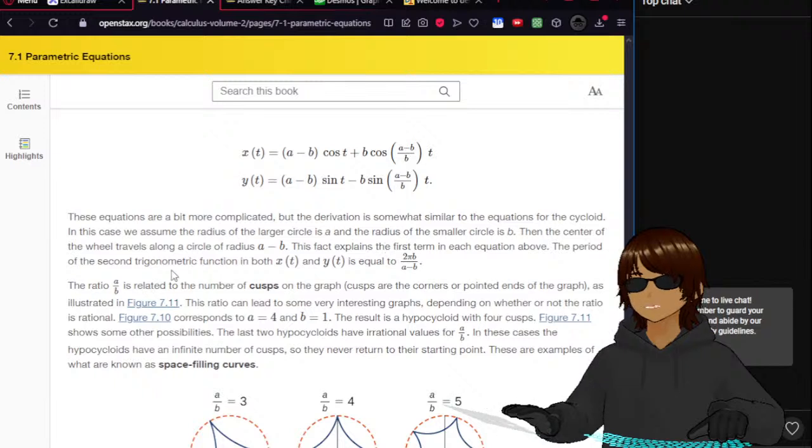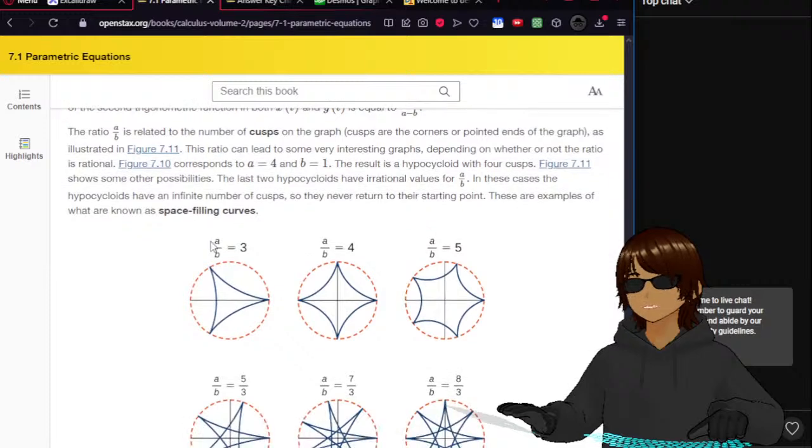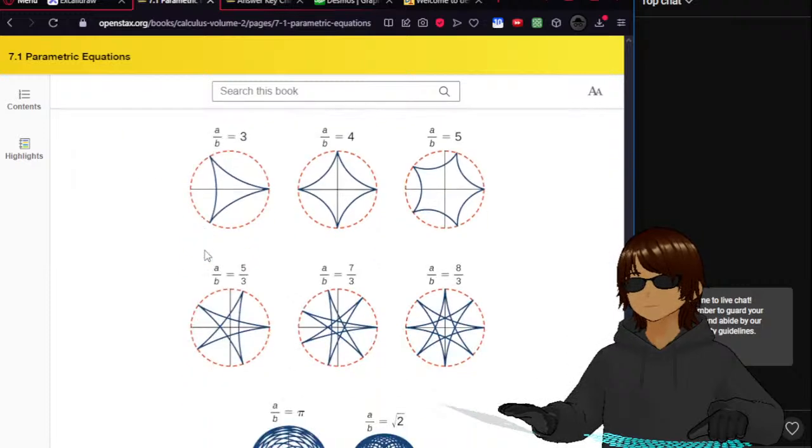The period of the second trigonometric function in both x and y is equal to 2 pi b over a minus b. The ratio a over b is related to the number of cusps on the graph. Cusps are corners or pointed ends of the graph, as illustrated in figure 7.11.